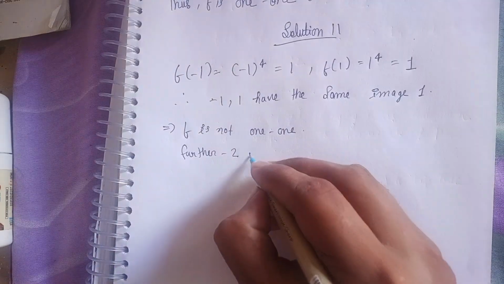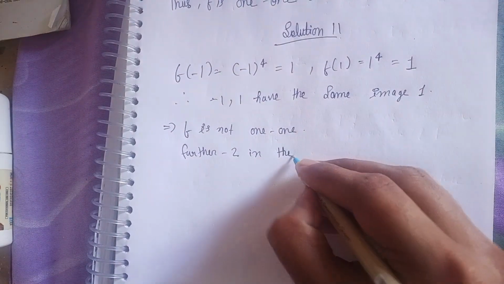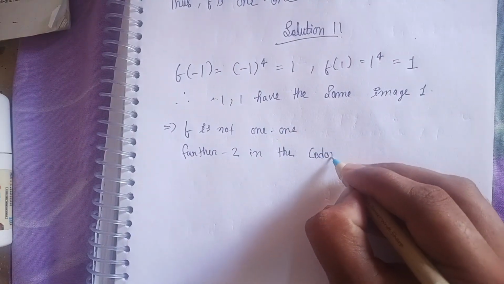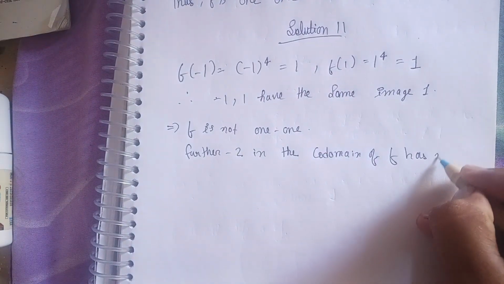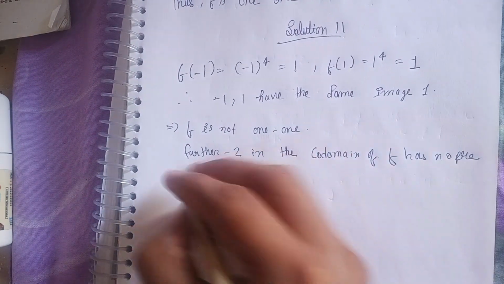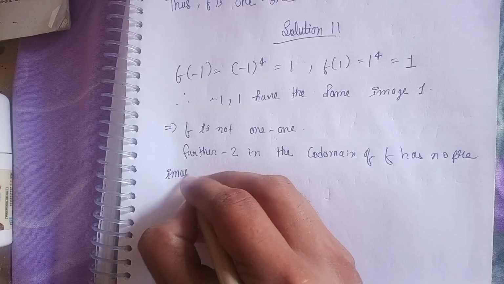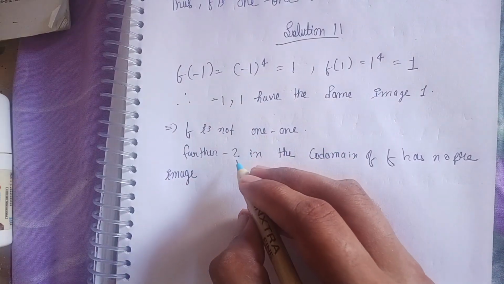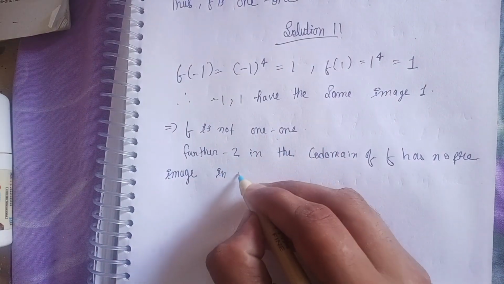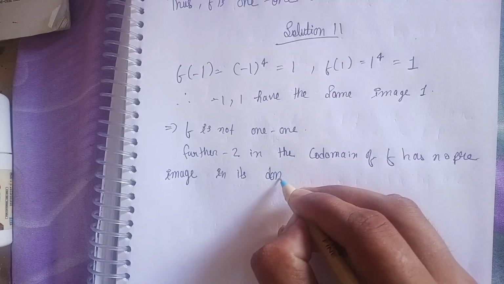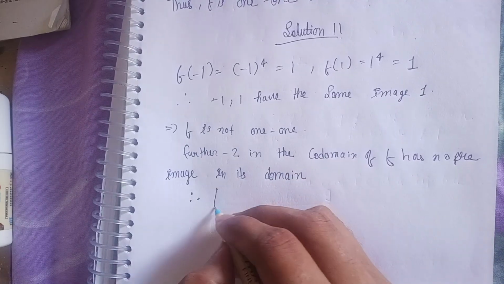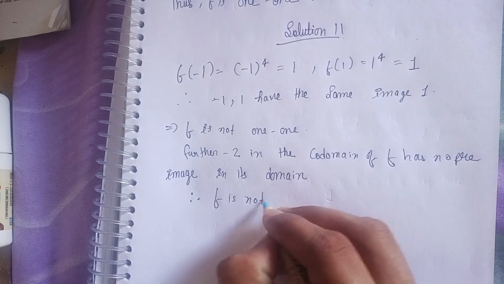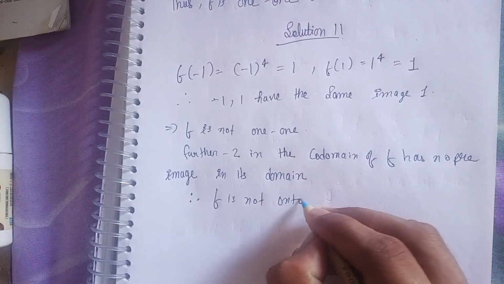Further, minus 2 in the codomain of f has no preimage in its domain. Therefore f is not onto.